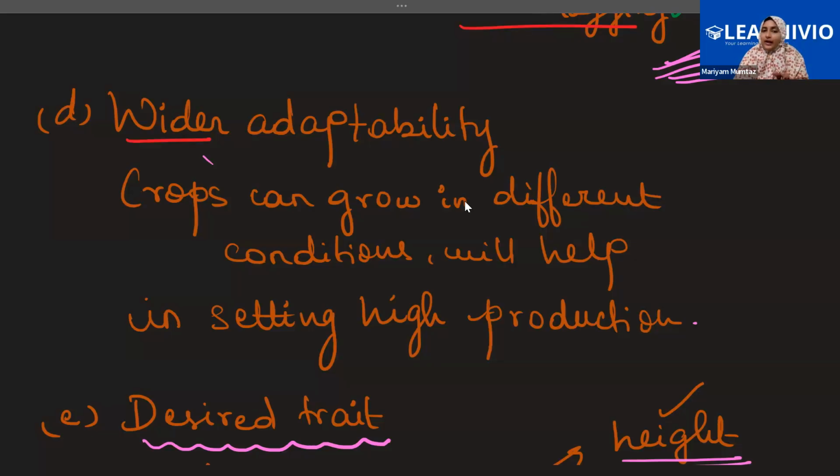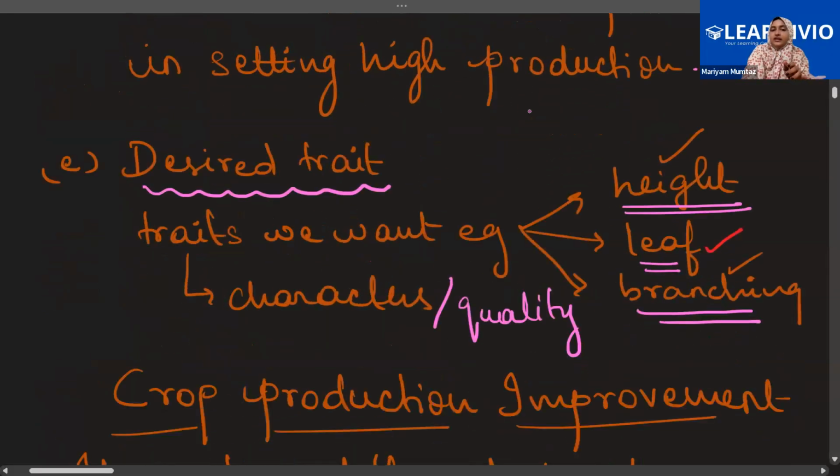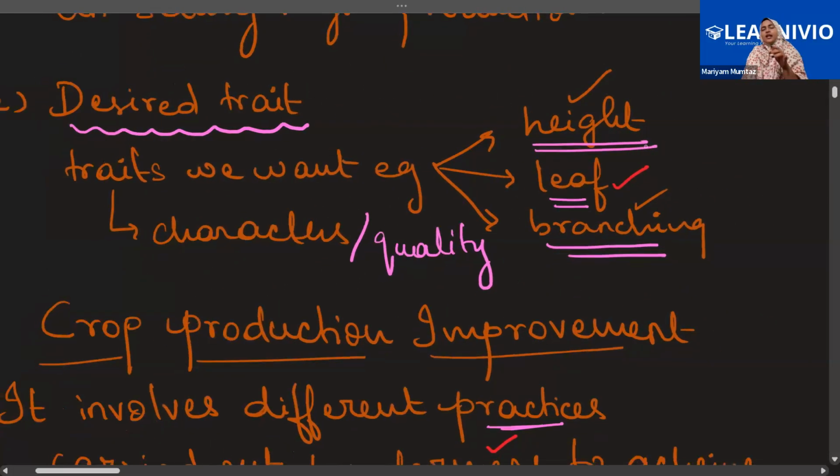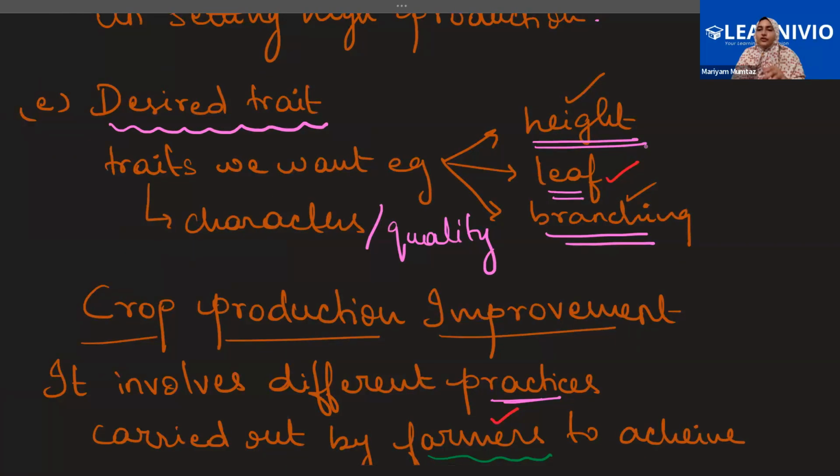So that is wider adaptability. Then desired traits, meaning whatever it is that we are looking for in a plant, we can do so with the help of crop variety improvement. For example, if you want tall plants, you can do so. If you want shorter plants, you can do that, right?